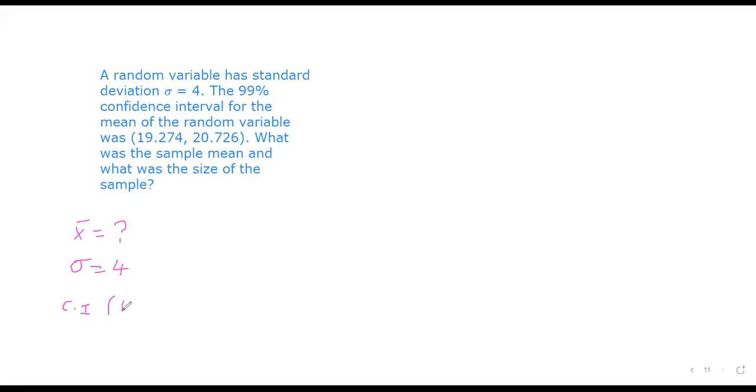Lower bound is 19.274 and upper bound is 20.726. Next. What else are we given? What is our Z? The Z is 2.58. Wow, who was that? That was Daphne.